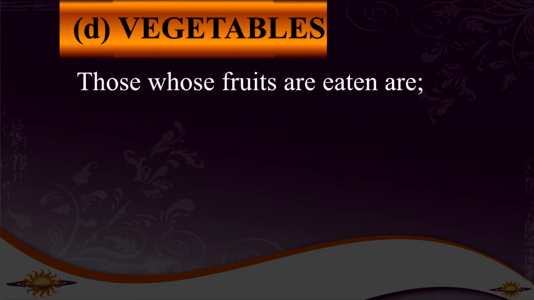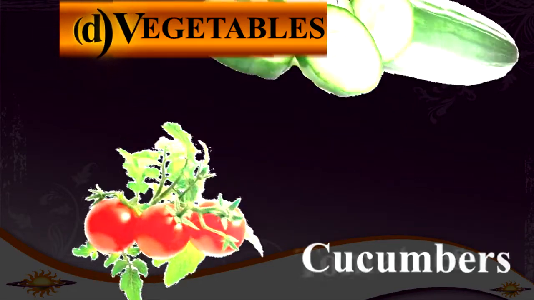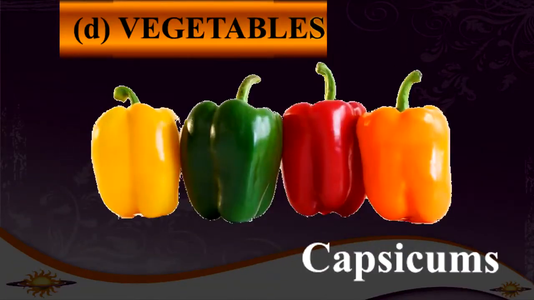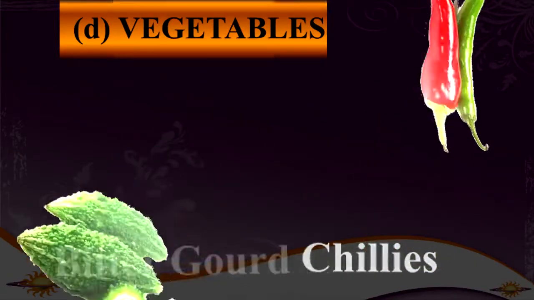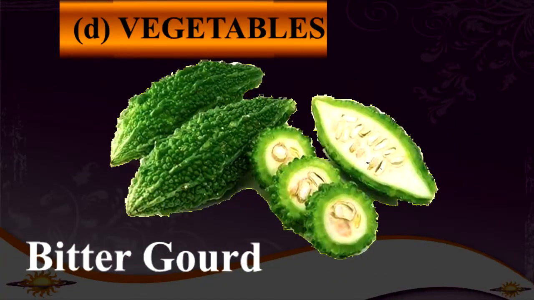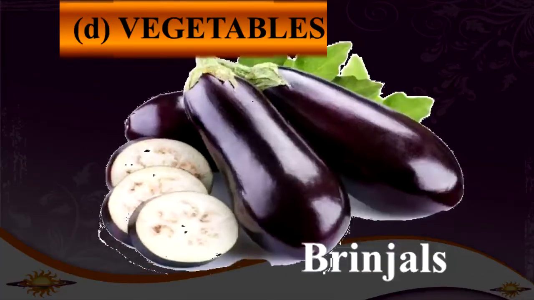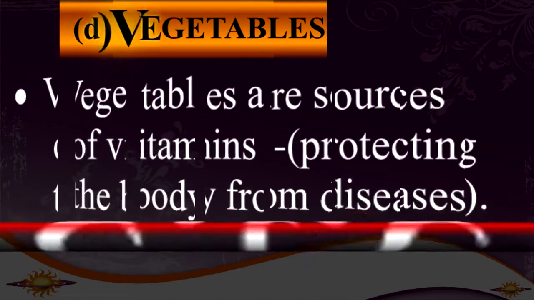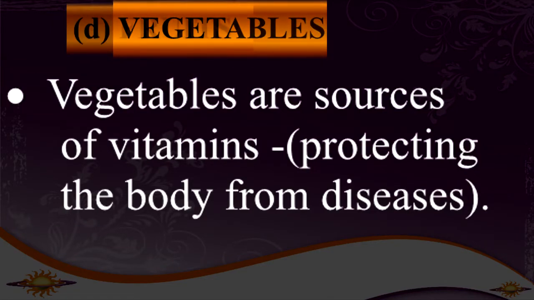Those whose fruits are eaten include cucumbers, tomatoes, capsicums, chilies, bitter gourds, pumpkins, brinjals, etc. Vegetables are sources of vitamins, and so they protect the body from diseases.